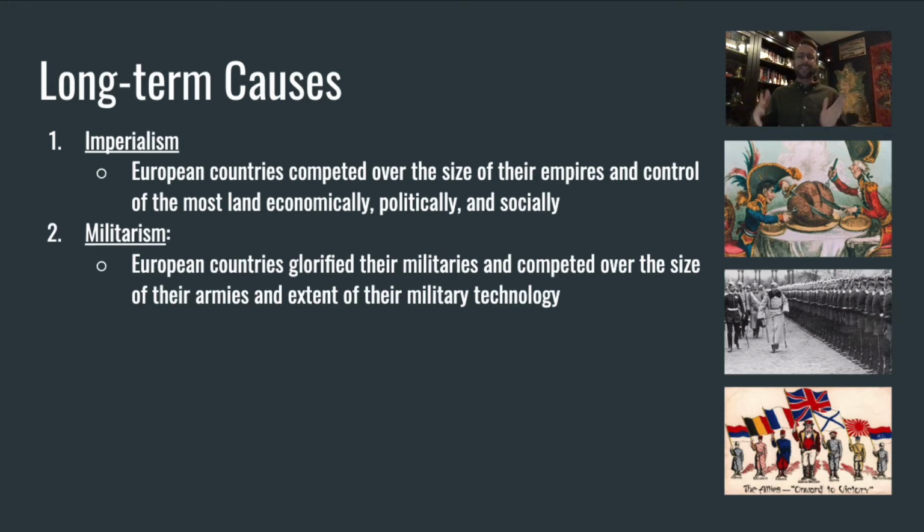And again, this happened over years and years and years of having ever increasingly large empires to administer and to keep under control. And one way to sort of manage that control is fear. And if you have the fear of being attacked physically with your overlord's military, you're going to keep in line. All right.